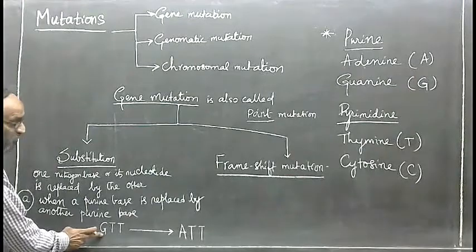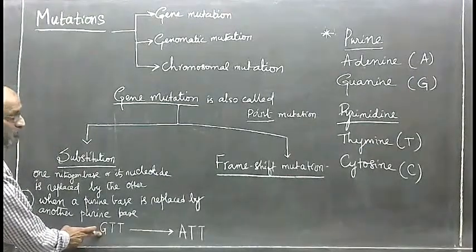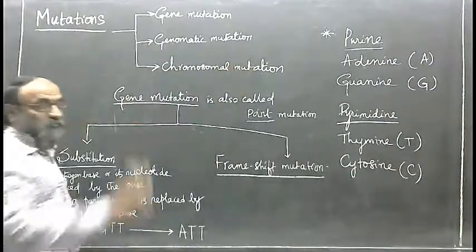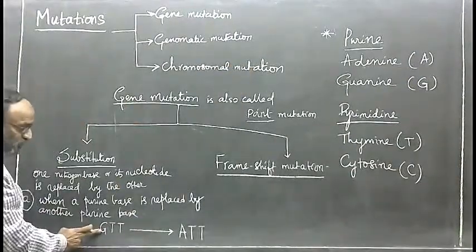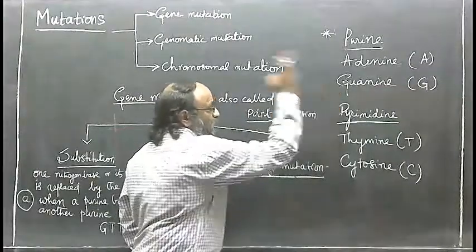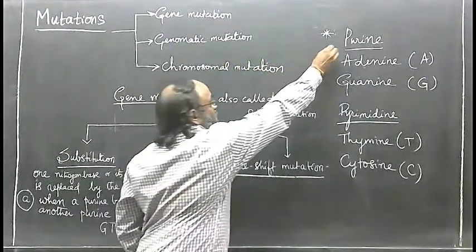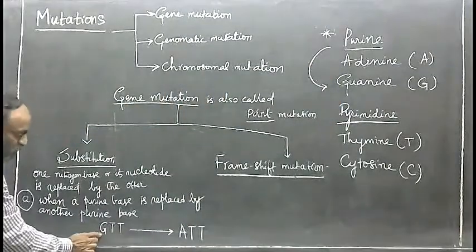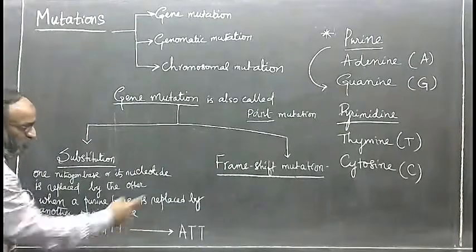What is G? G represents guanine. Guanine is a kind of purine. Now this GTT becomes ATT upon mutation.